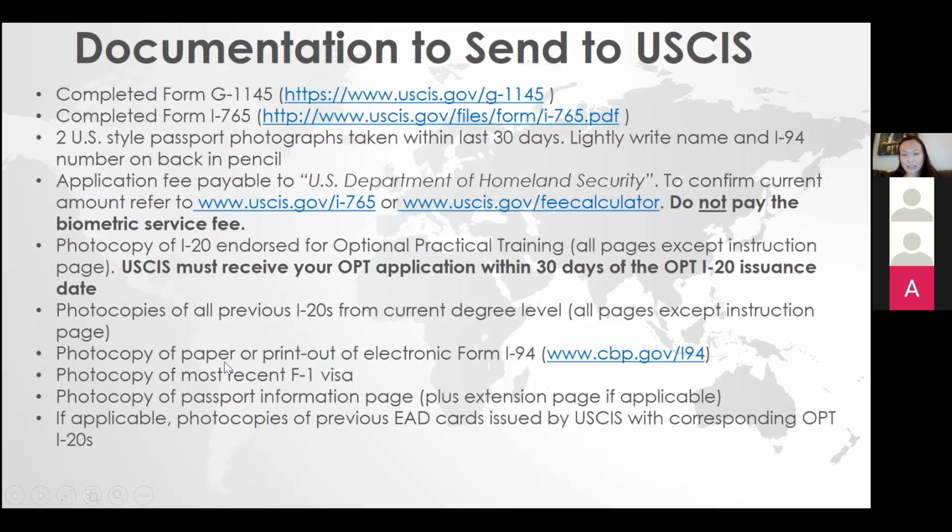So it is a good idea to include copies of previous CPTs. Technically, the government doesn't absolutely require it, but it's not a bad idea. And then if you've had a previous CVIS number, once again, the government doesn't require that you're including the previous I-20s from previous CVIS numbers, but certainly you could do so if you'd like.